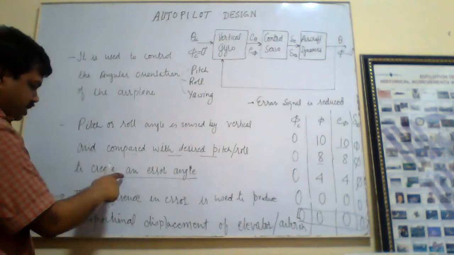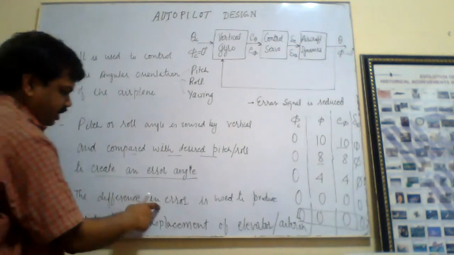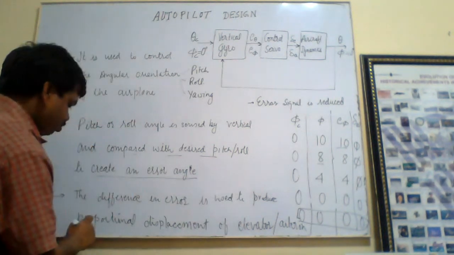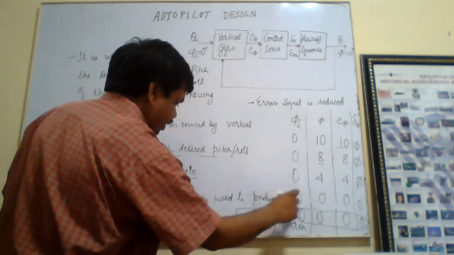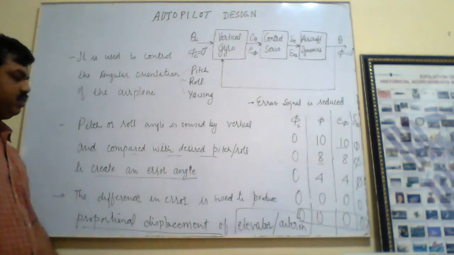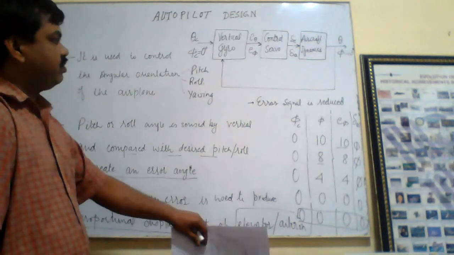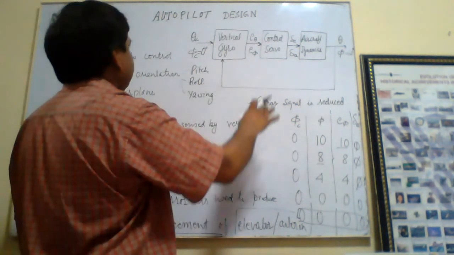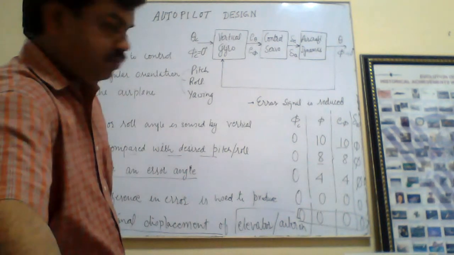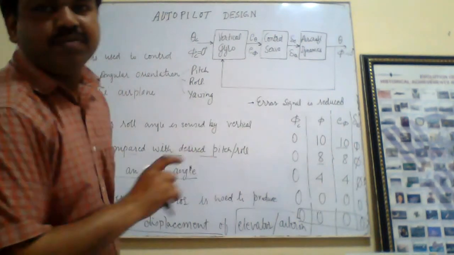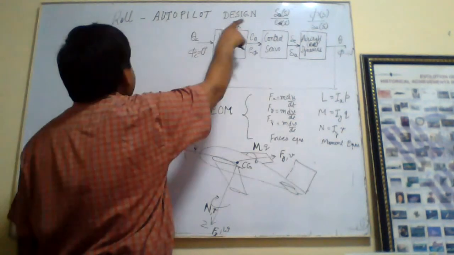Once the error signal is created, the error is used to produce proportional displacement of control surfaces, which we have as aileron or elevator in that case. So this is how the autopilot works. Yaw control is similarly done with the rudder.